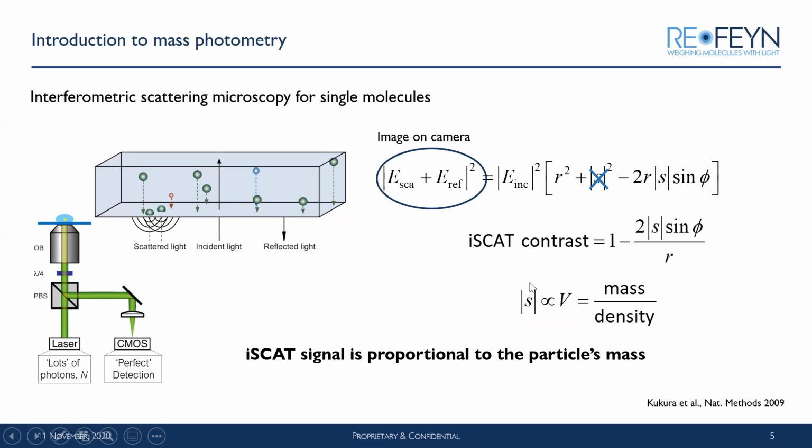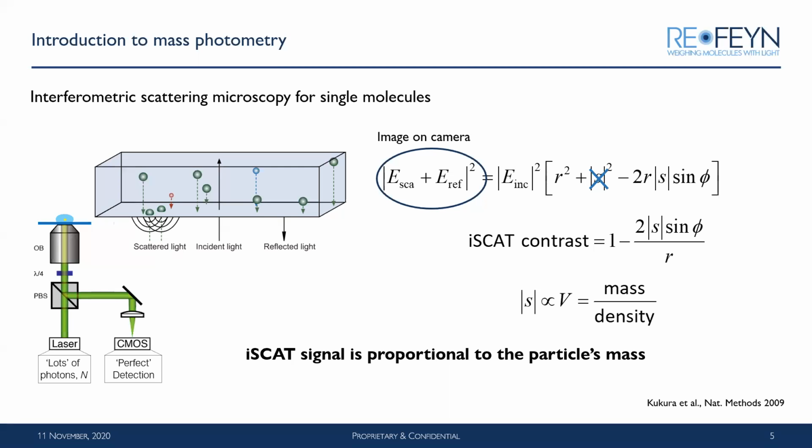And the scattering amplitude of the biomolecules is proportional to their volume, meaning that it's proportional to the mass divided by the density. And if we assume that the density of biomolecules doesn't change, basically what we have here is the scattering amplitude proportional to mass. So the iSCAT, or interferometric scattering microscopy, signal is proportional to the particle's mass.